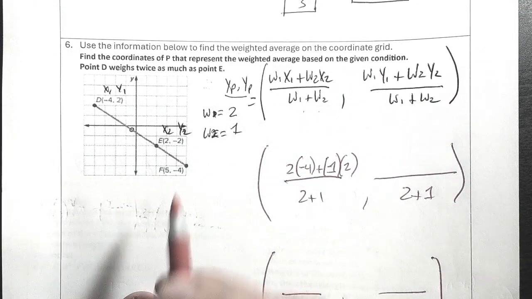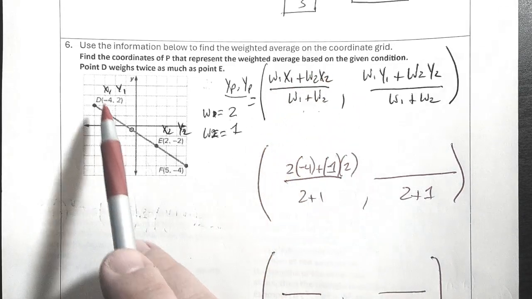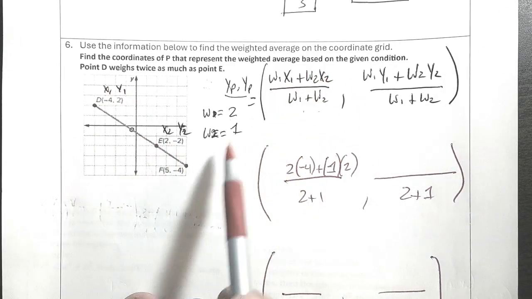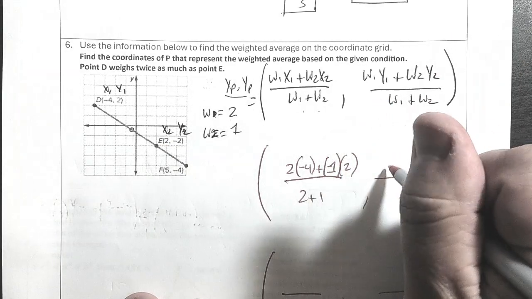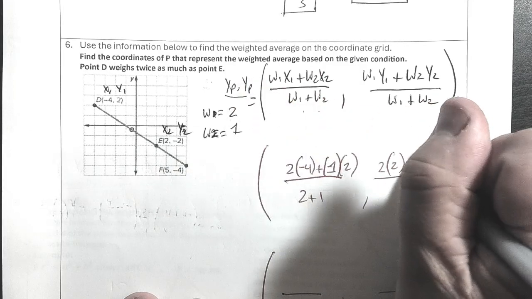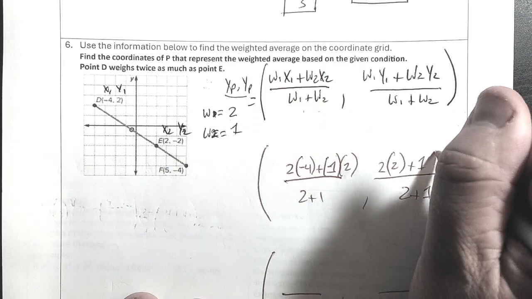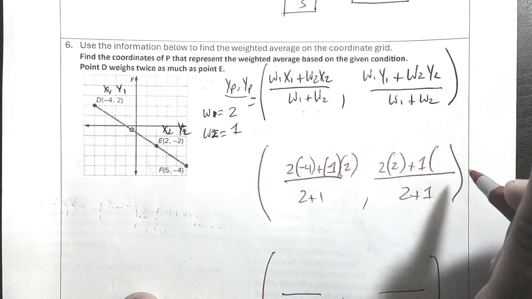See, you got to pay attention. X1, weight 1, X1, weight 2, X2. So, and then the Y's. Well, first the weight, 2. Y1 is 2 plus 1, because that's the second weight. And then the second Y is negative 2.